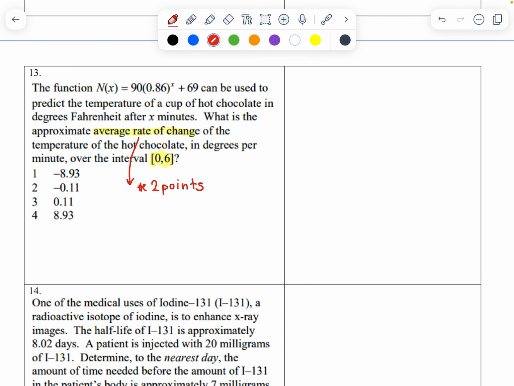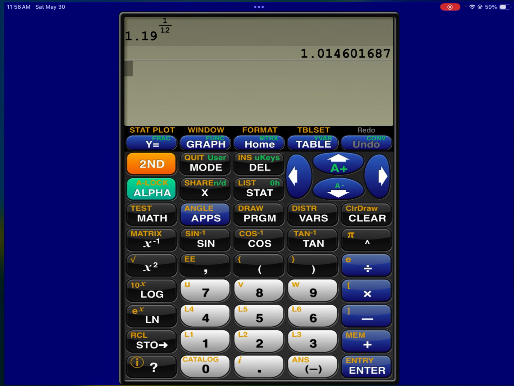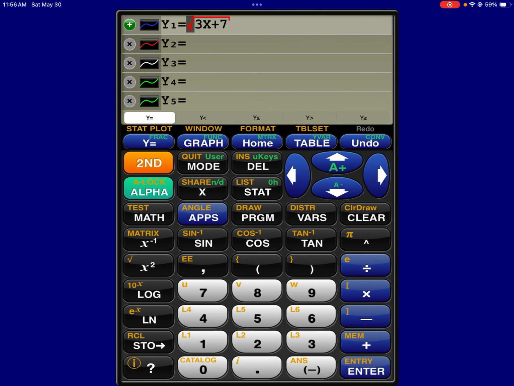And where are you going to get these 2 points from? Well, in this case, you have an equation. And because you have an equation, the only way to find these 2 points is to put this into your y equals. If you have 0 and 6, the only way to find this is to go and find it at 0 and 6. Okay, so let's go ahead and plug this into my calculator.